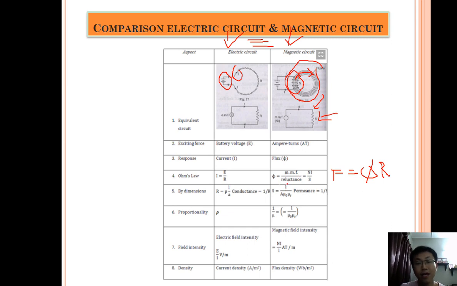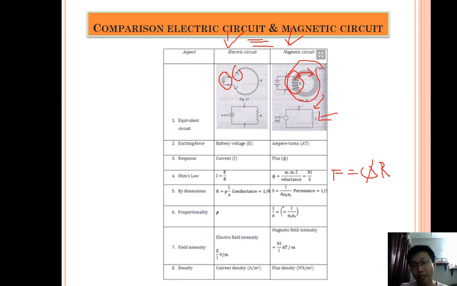Then R will be the reluctance, or here it uses S. Then phi will be our flux. For the dimension, in the electric circuit we have R equals rho L over A. For the reluctance, we have L over mu A.